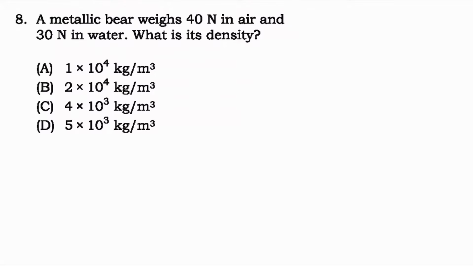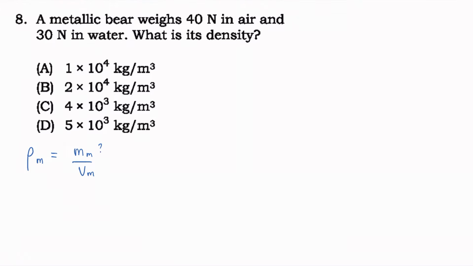A metallic bear weighs 40 Newton in air and 30 Newton in water. What is its density? So, for this problem, we're going to use Archimedes' principle, kagaya nung naunang problem na katulad nito. Density nung metallic bear is equal to mass over volume. So, kailangan makuha muna natin yung mass nung bear.